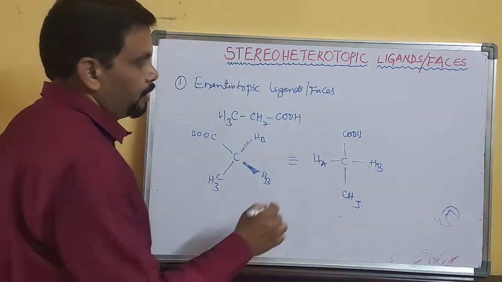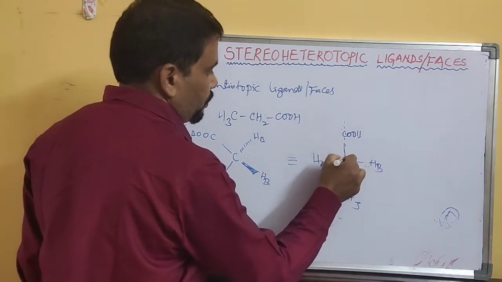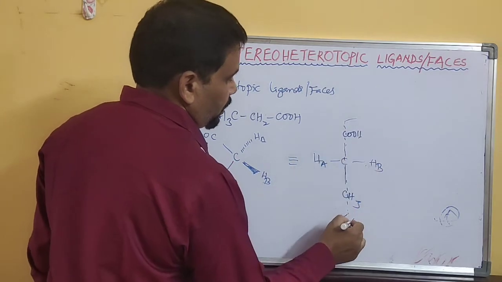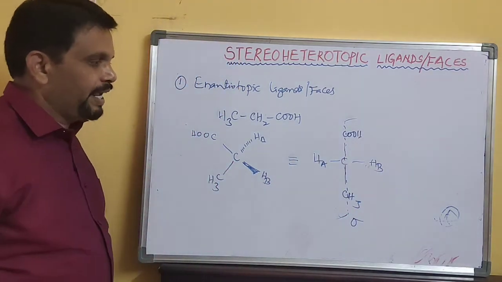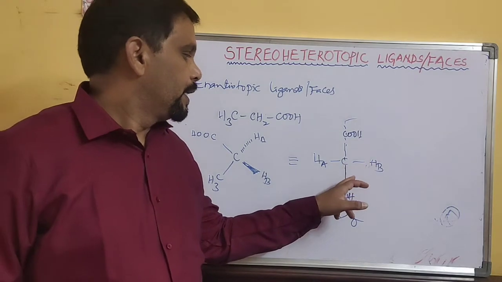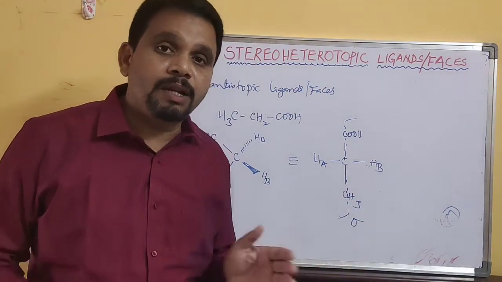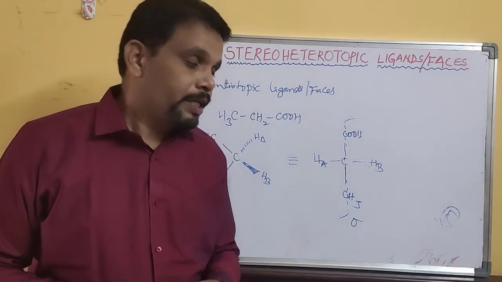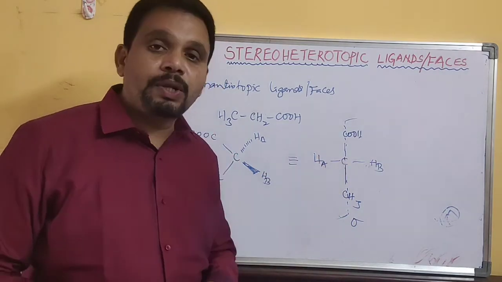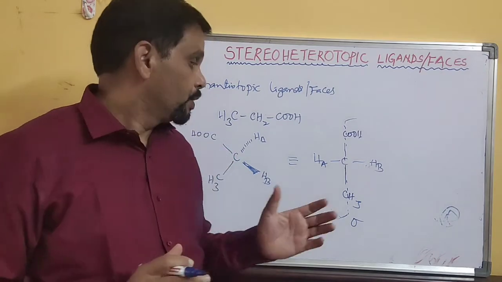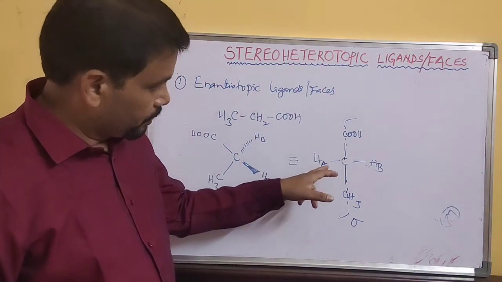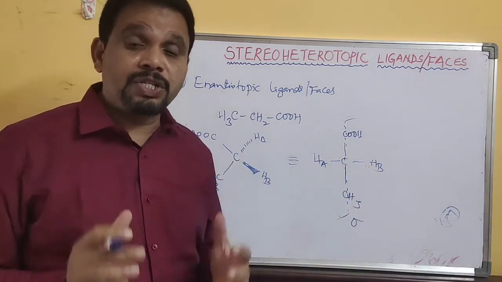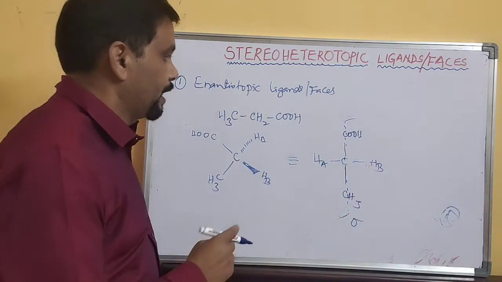So here, if you bisect this molecule with this plane, that plane equally divides or equally separates two parts of this molecule. That means this molecule has a plane of symmetry. Therefore these two atoms or ligands can be considered as enantiotopic ligands.